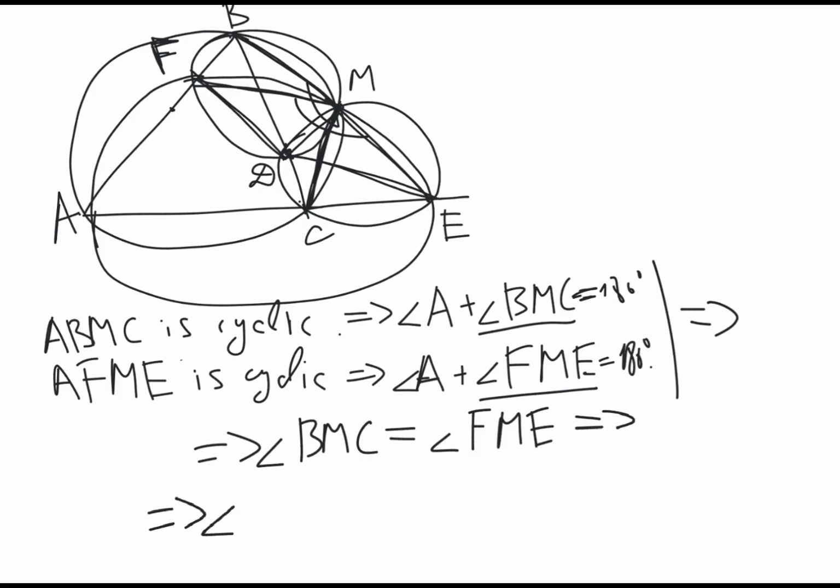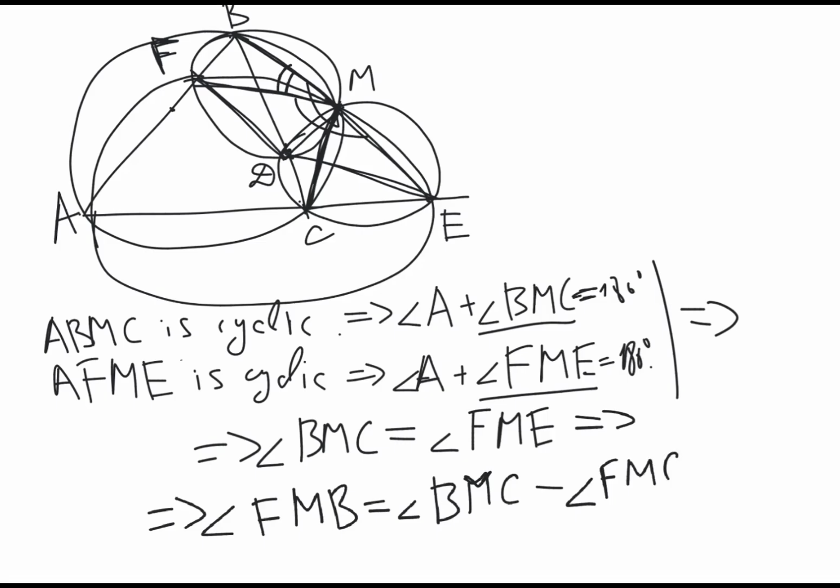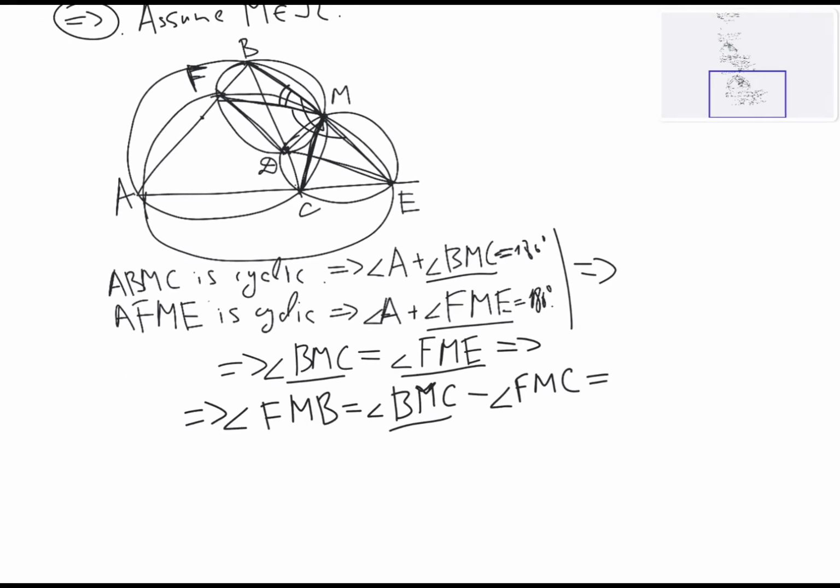we write that the angle FMB, this angle, is equal to the angle BMC minus the angle FMC. BMC now we replace with FME. So this is equal to FME minus the angle FMC.